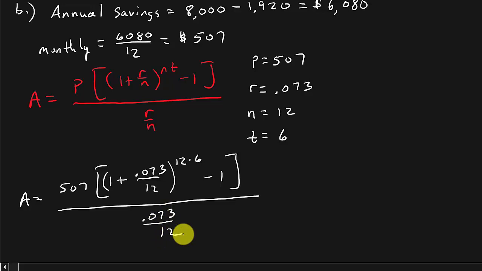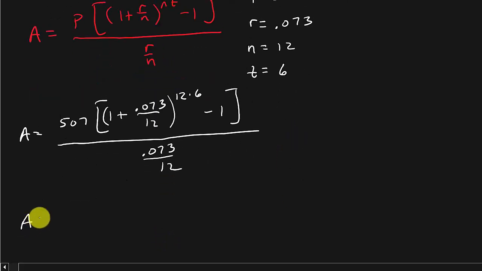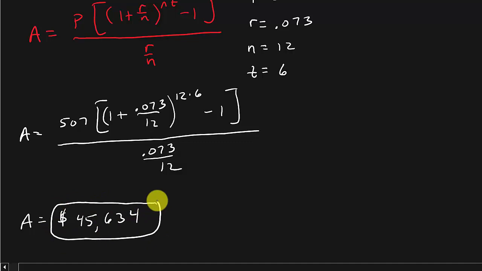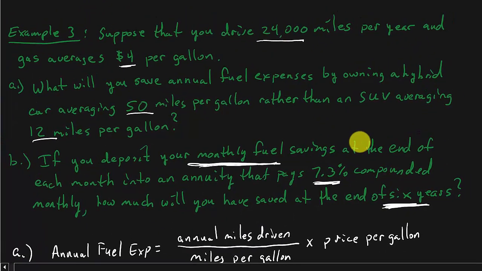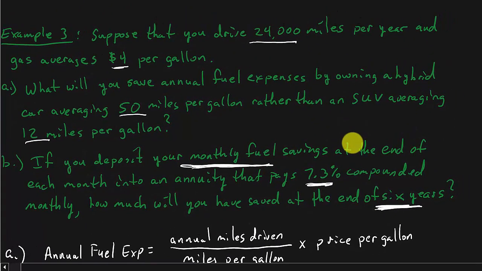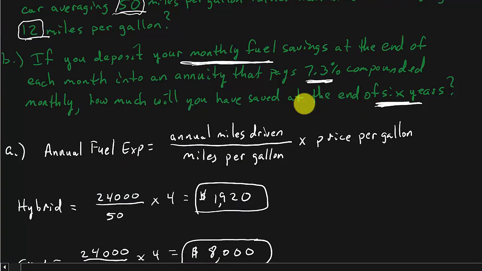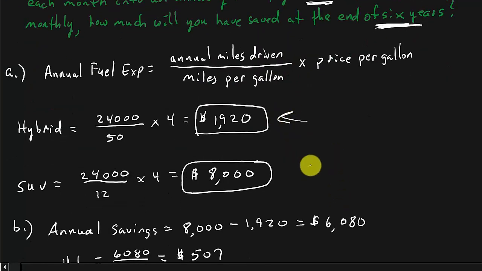When we punch all that into our calculator, we get A is equal to $45,634. So in this case, if you went with the car that got the better gas mileage, the 50 miles per gallon, versus the one that got 12 miles per gallon, you can see how much it's going to cost you each year to run the gas.